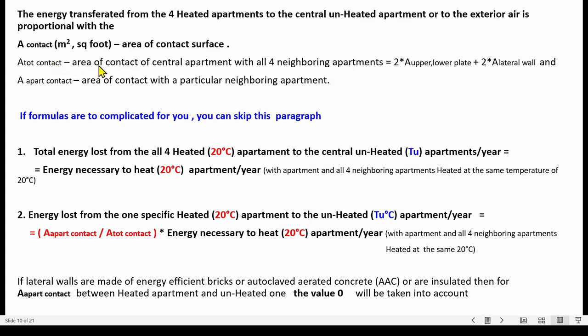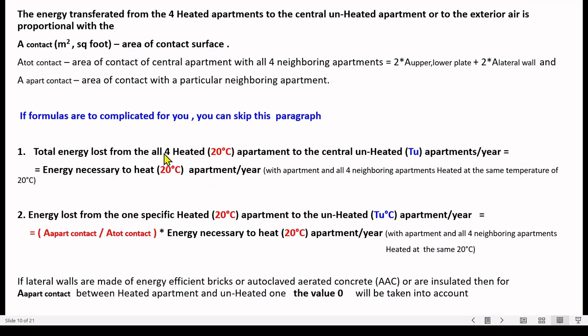We also have a total area of contact between the central apartment and all four neighboring apartments, which is 2 multiplied by the area of the upper and lower slab plus 2 multiplied by the area of the lateral walls, and the area of apartment contact is the area of contact with a particular neighboring apartment. If the formulas are too complicated, you can skip this paragraph.